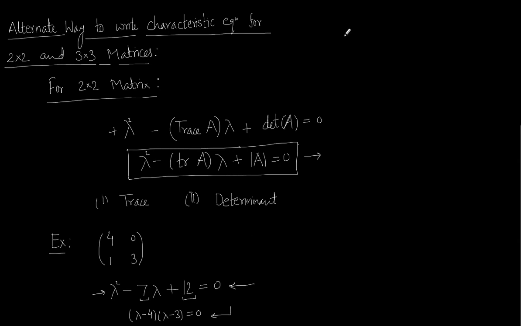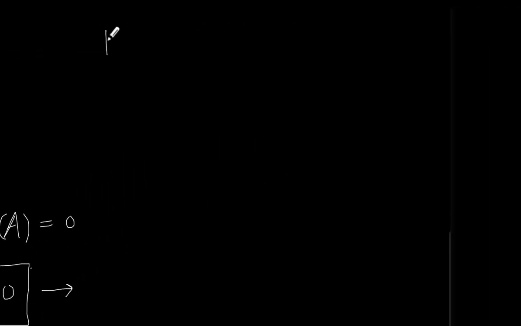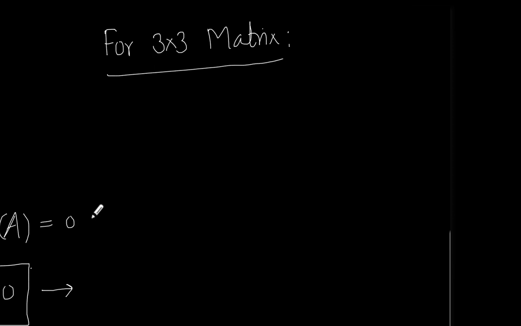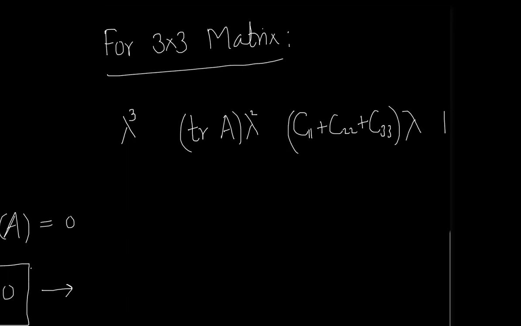Now if we have a 3 by 3 matrix, the characteristic equation will be a cubic equation. It will have 3 roots. So this will be lambda cube, trace of A lambda square, lambda, determinant of A equal to 0. This is plus minus.